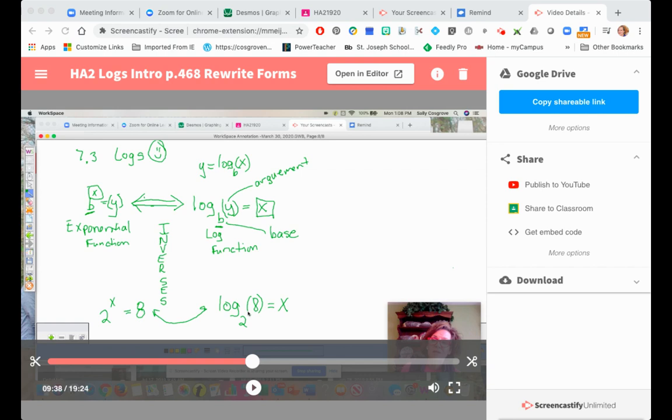So maybe let's do like log base 121 of 11. Actually, it doesn't have the equal sign in the problem, does it? It just has that, okay? So what's the question we're asking? What power would I raise 121 to get 11?